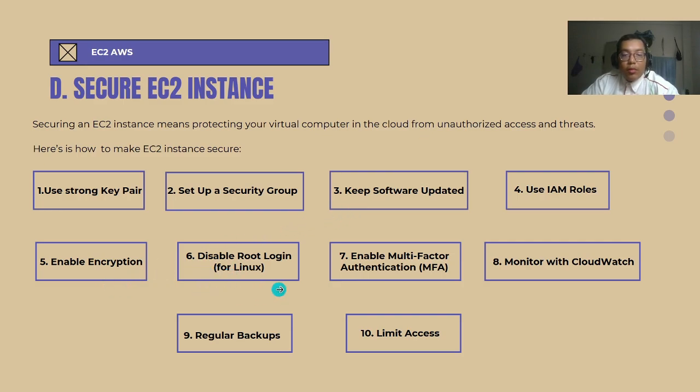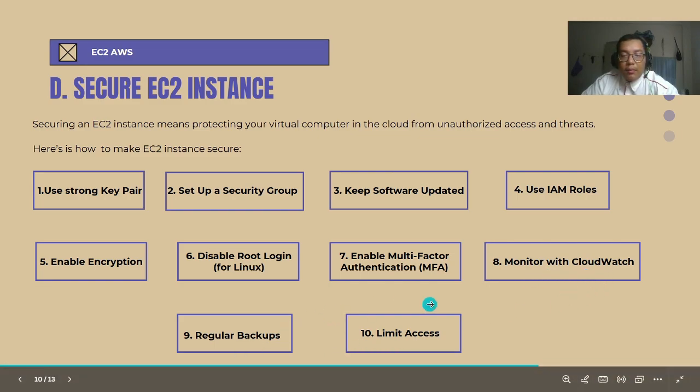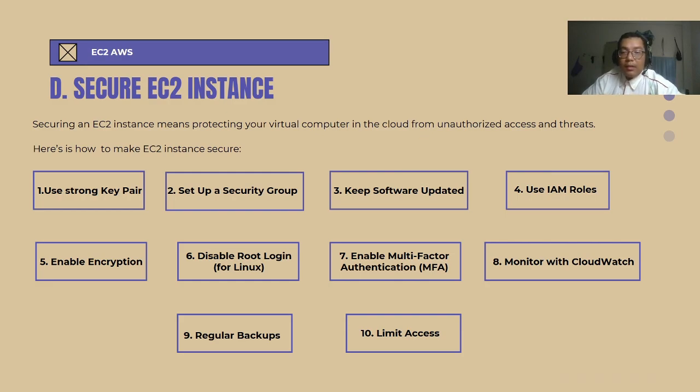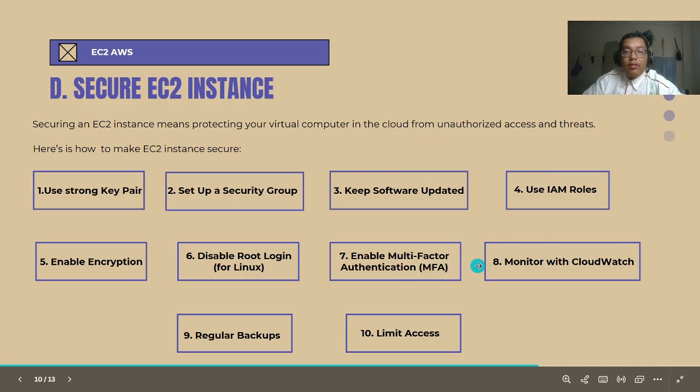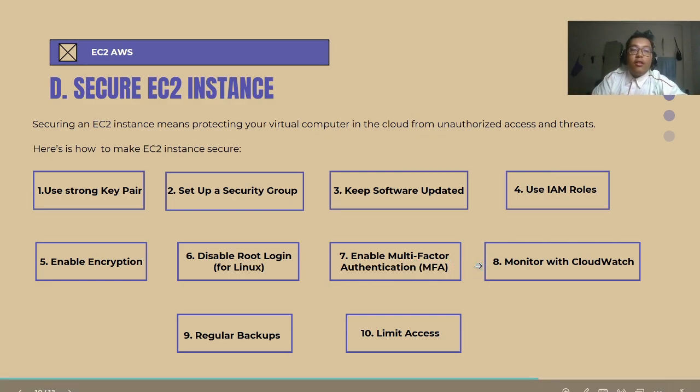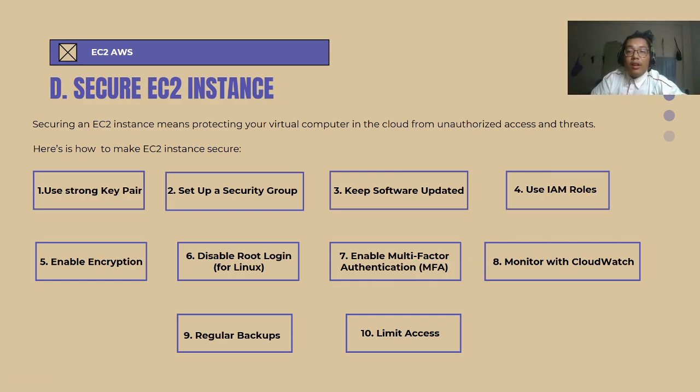Sixth, disable root login if you choose Linux. Seventh, enable multi-factor authentication. Eighth, monitor with CloudWatch. Ninth, regular backup. And tenth, limit the access. All of this is to ensure you secure your instance from unauthorized access or threats that can damage your instance.